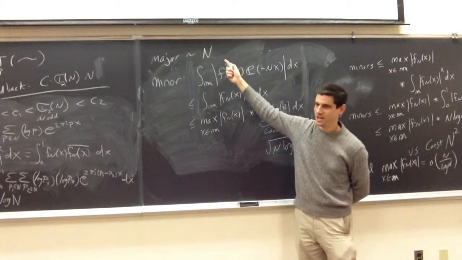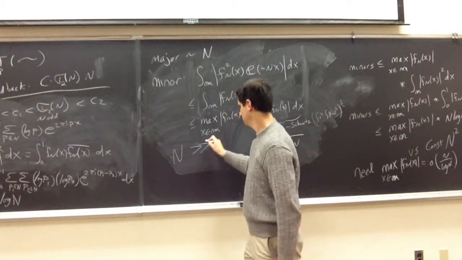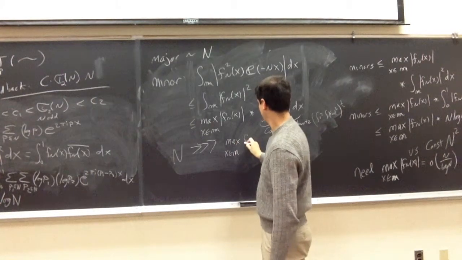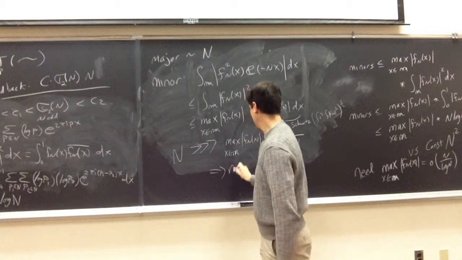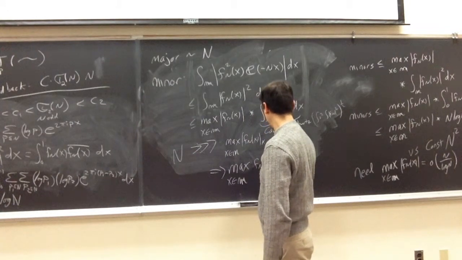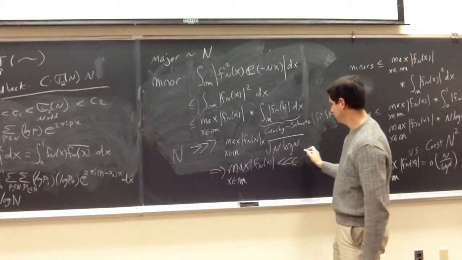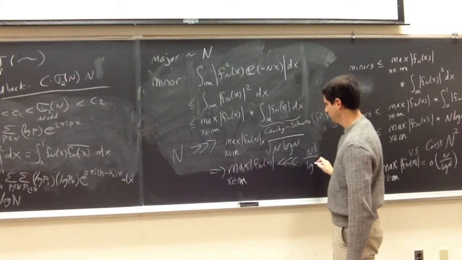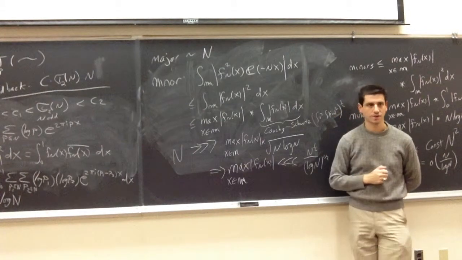The whole thing is of size n. So we want n to be greater than the maximum of x in the minor arcs of fn of x times this. So this means the maximum of x in the minor arcs of fn of x, we want this to be much less than n divided by this, so that would be n to the 1/2 over log n to the 1/2, I think, if I've done my algebra correctly.